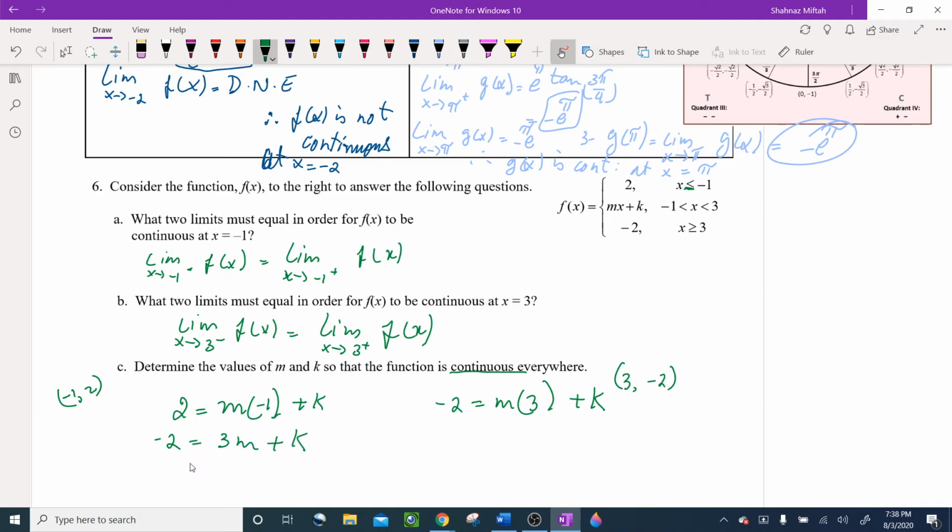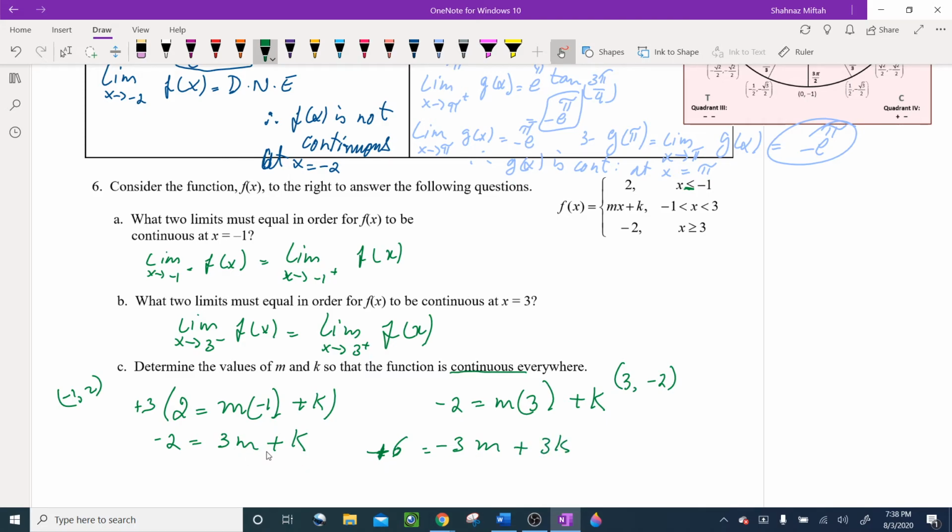I can multiply the first equation by -3. If I multiply this, m and m will cancel out. So let me try that. When I multiply, not -3, I'm sorry, +3, because this is already negative. This is a system of equations that we used to do in algebra 1 and algebra 2. So 3 times 2 is 6, equal to 3 times -1 is -3m plus 3k.